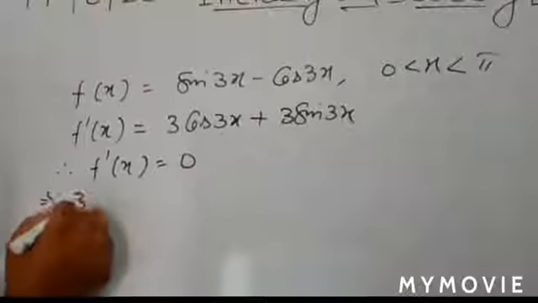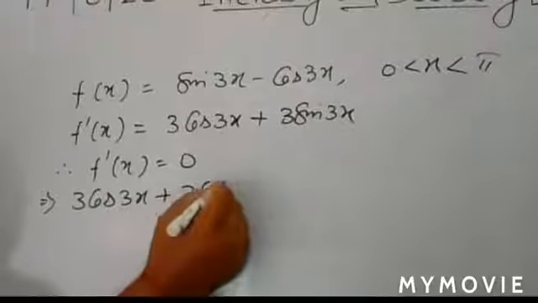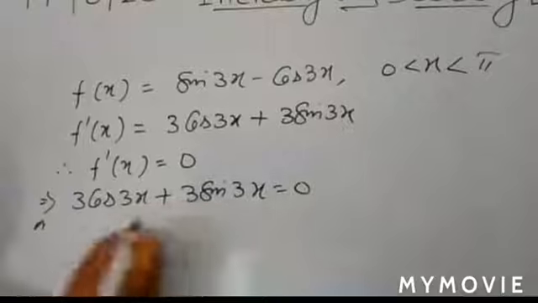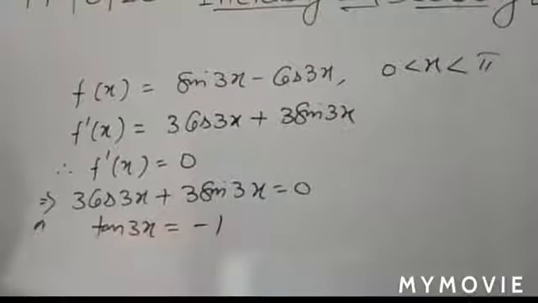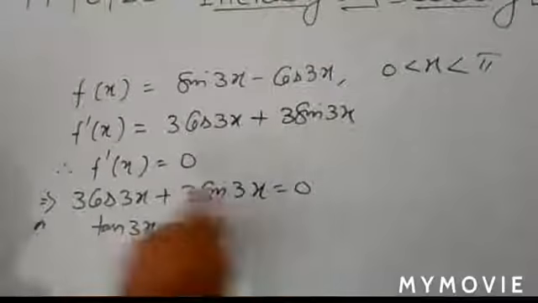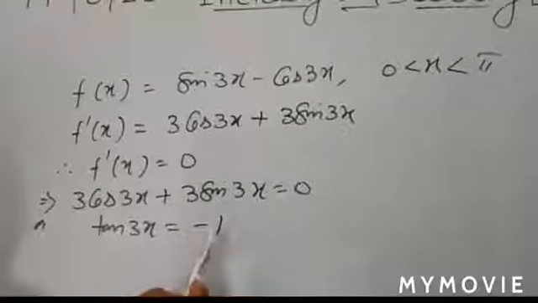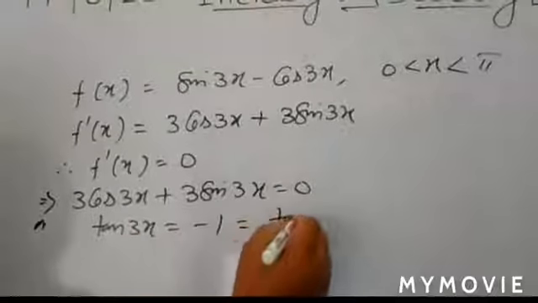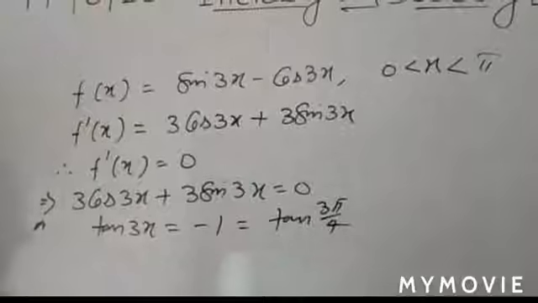So this implies 3 cos 3x plus 3 sine 3x is equal to 0, or the 3s cancel out and you have tan 3x is equal to minus 1. Just check it. Here you transfer cos 3x to the right side, and dividing you have tan 3x equal to minus 1. And this minus 1 is the value of tan of 3 pi by 4.